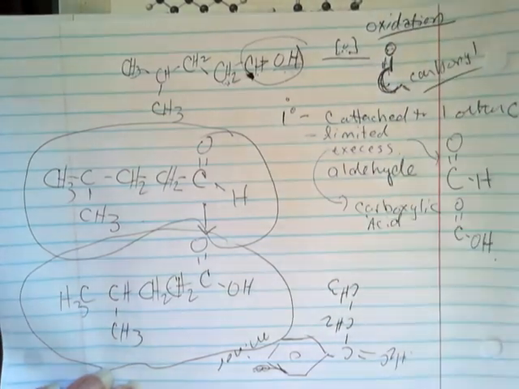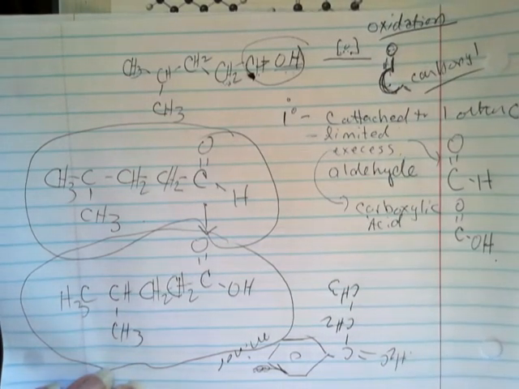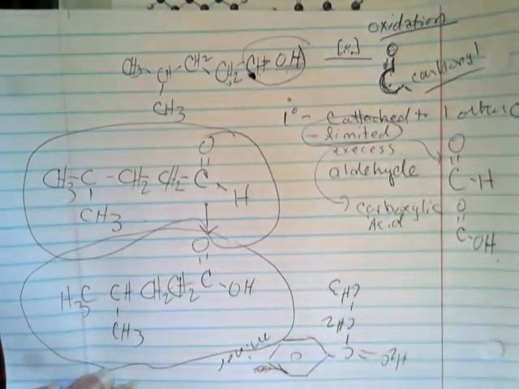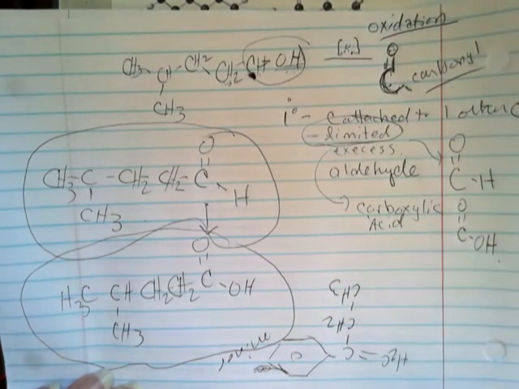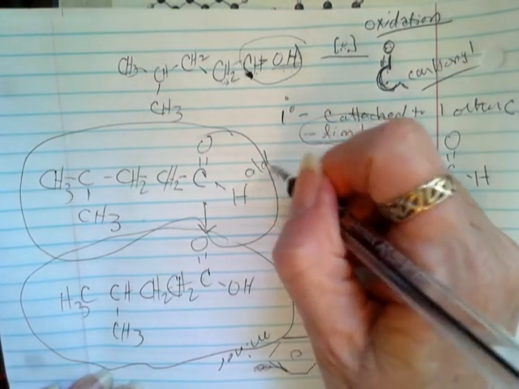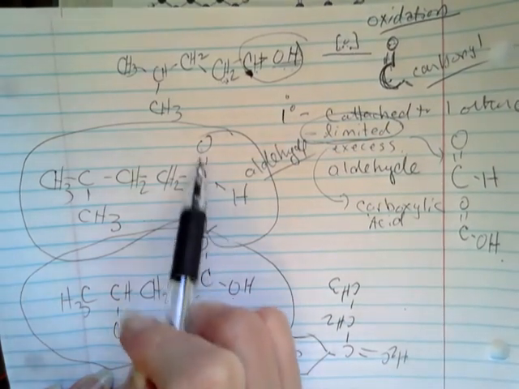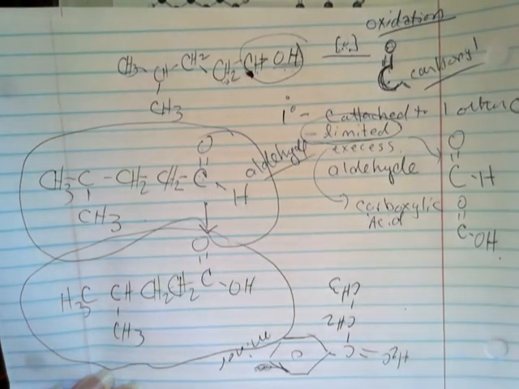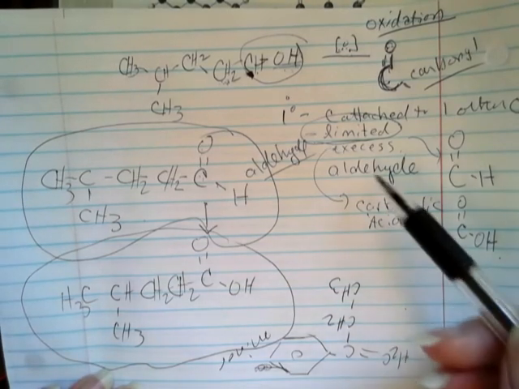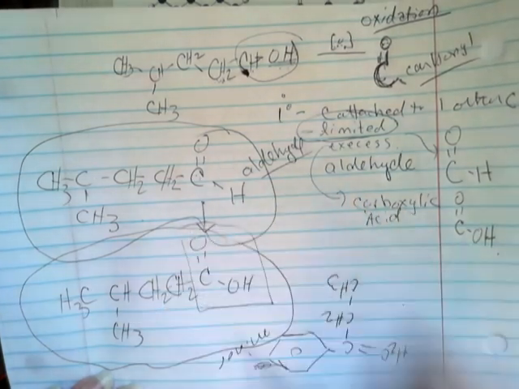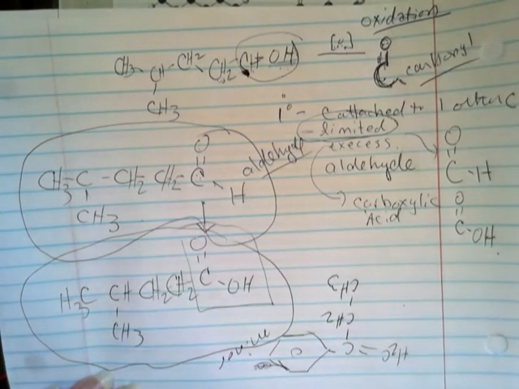That's your carbonyl group. First thing that happens, if there's a mention of any kind of a limited amount of oxidizing agent, you're getting an aldehyde. So you just put a carbonyl group here attached to your hydrogen, you get this aldehyde. If you've got an excess or plenty of it, you get this carboxylic acid forming right here.